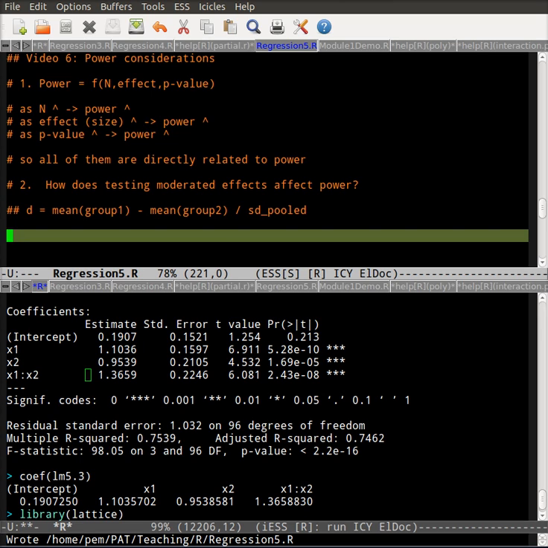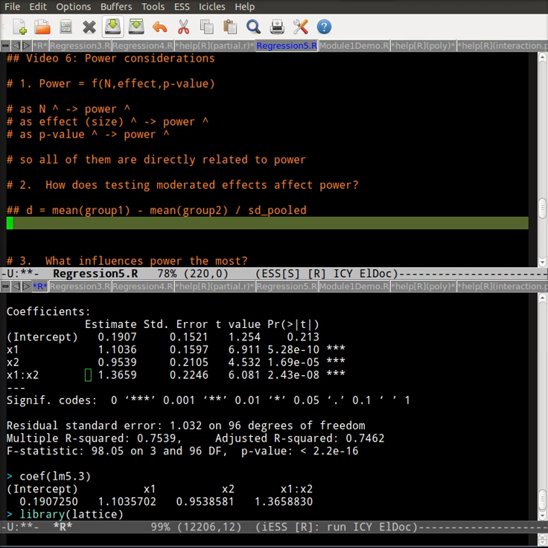So it seems pretty obvious that by having a hierarchical testing effect where moderated effects get tested after main effects, as you saw from the nested model comparison, first you test the main effects and then you test whether there's a significant difference beyond that. Well, yeah, that can definitely attenuate the effect. So what we're getting is a decrease in effect size, and therefore decreasing our power.